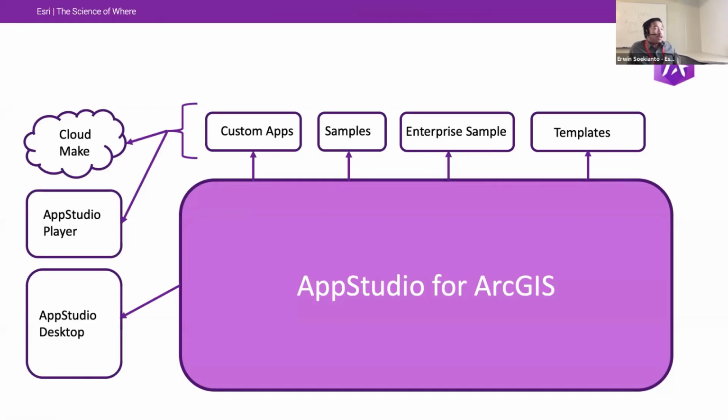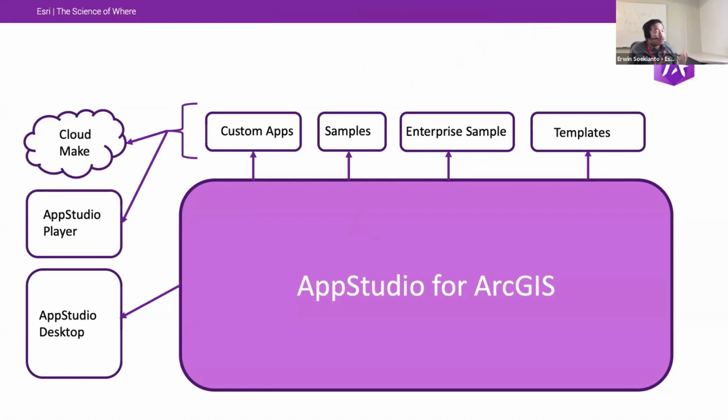I think Chris used this also in the beginning, so I wanted to just show it again. We all learned that there's AppStudio for ArcGIS, this purple box that we're going to open and see the content of.